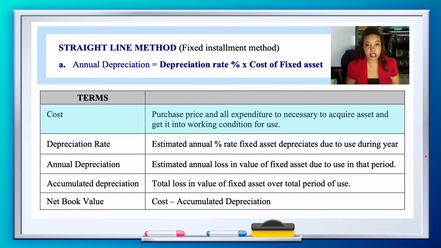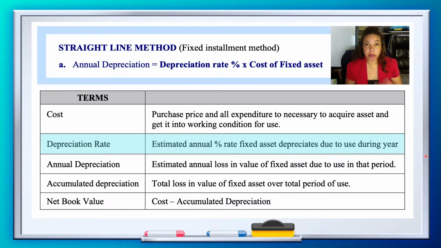As we said, the cost is the purchase price, and anything that requires getting that particular non-current asset to be in working condition. Because remember what we said, it is only an asset if it is useful and used. So basically, cost, purchase price. For CSEC, that is all you basically have to know, purchase price.